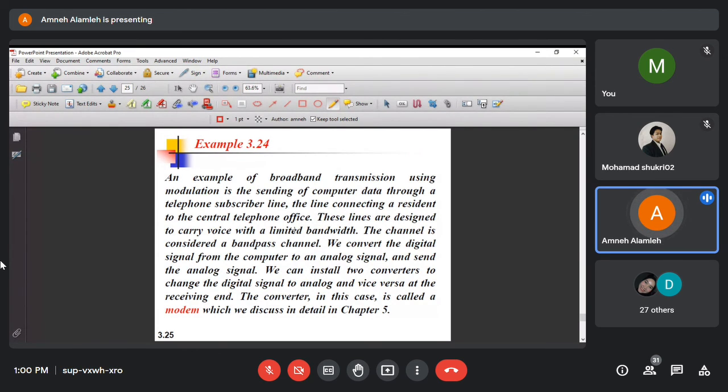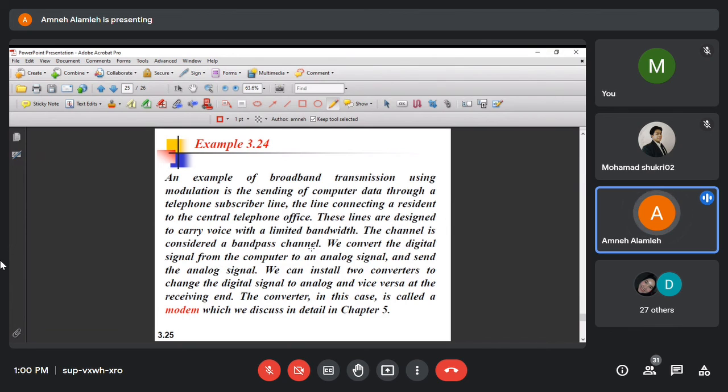These lines are designed to carry voice with a limited bandwidth. The channel is considered a band pass channel.